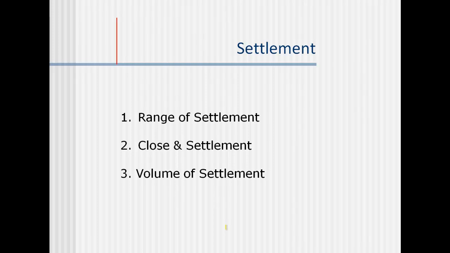The next important thing that I learn from the settlement is where the close is relative to the range of the settlement. Did I close in the middle? Did I close at the bottom of the settlement? Or did I close at the top of the settlement period? Also, the level of volume that was traded during the settlement period. And remember, we discussed earlier that the settlement period is a 15-minute period.